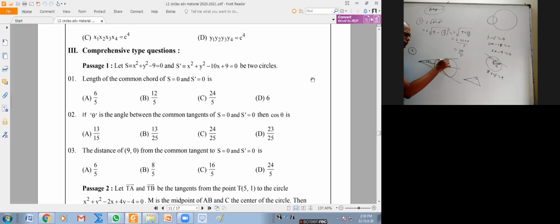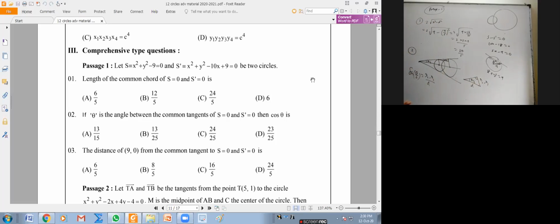This is R1, this is R2, so the small length will be R2 minus R1. This length is the distance between the centers, T. And this is theta by 2, where I can take sine theta by 2 as opposite side by hypotenuse. So sine theta by 2 is equal to (R2 minus R1) by T.